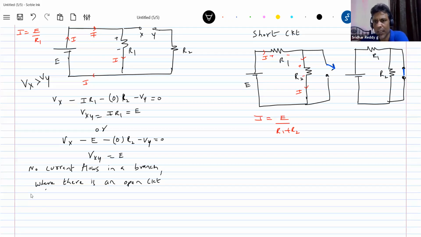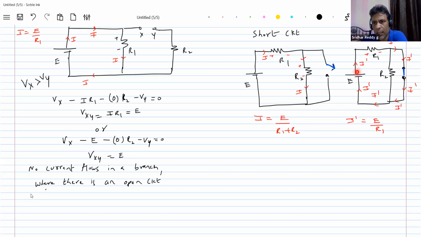What is the path it will take? That way. So the current here, this I, plus minus. So what is I equal to? Call it I dash, some other current, a new current. It is E by R1 only.